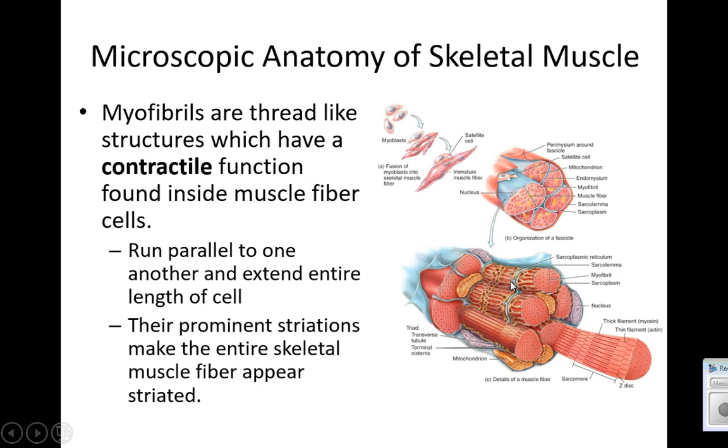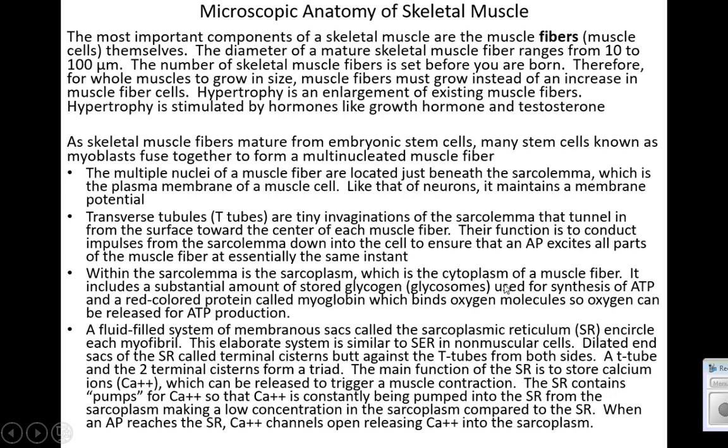to stimulate these goldish colored organelles, which are these membranous sacs called the sarcoplasmic reticulum, which is synonymous with the smooth endoplasmic reticulum that we've talked about. The function of this organelle is to release calcium that it stores, because calcium is one of two chemicals that are essential for a muscle to contract.